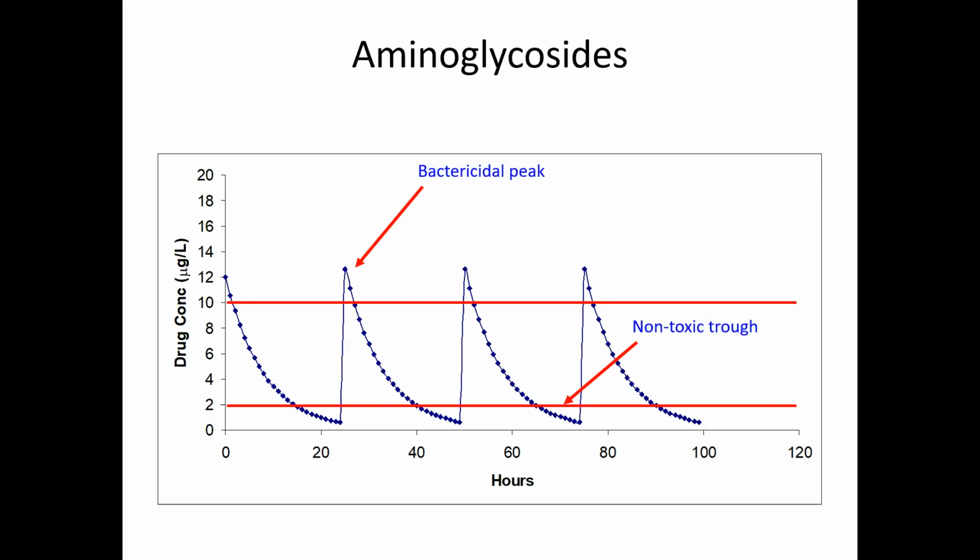This is for the efficacy: aminoglycoside must attain the bactericidal peak. This is for the safety: the aminoglycoside must attain a safer trough. If the drug does not achieve the peak, it is less effective. If it does not achieve a safer trough, the drug becomes highly toxic. So just keep in mind.